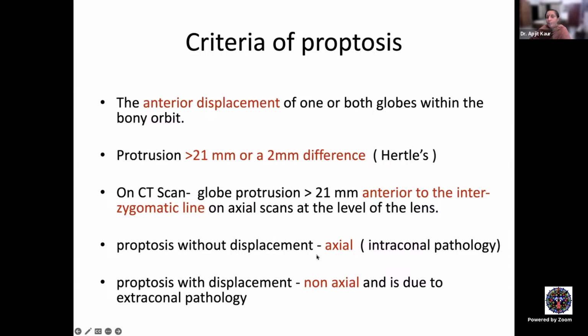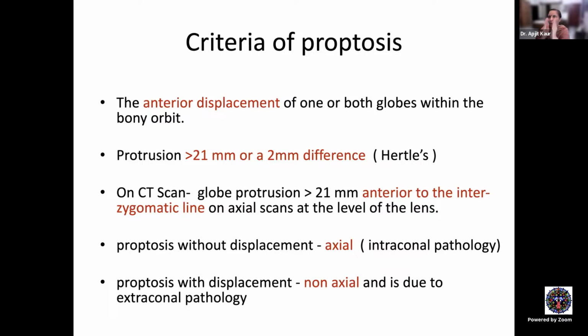Proptosis without displacement is called axial proptosis, and proptosis with displacement is called non-axial proptosis. So what is displacement? When it is pushed straight in front, it is axial. There is no displacement from its primary line.